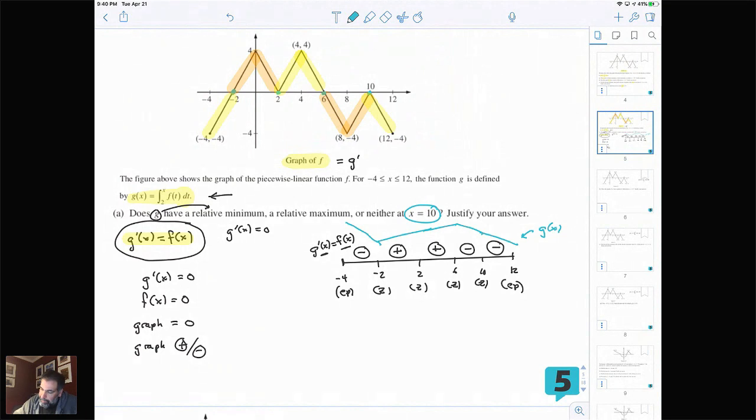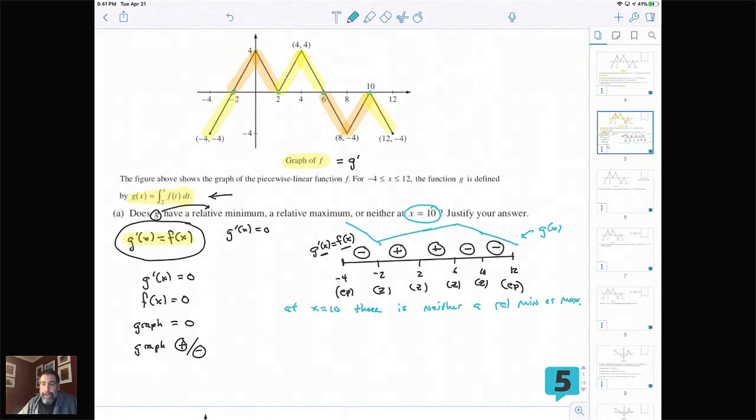When I look at 10, I am decreasing before 10, I am decreasing after 10. Therefore, this is neither a relative minimum or maximum. So at x equals 10, there is neither a relative min or max.